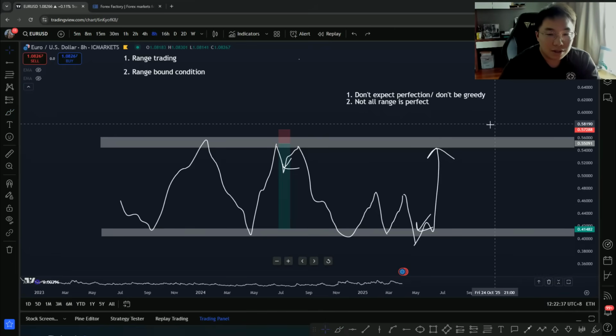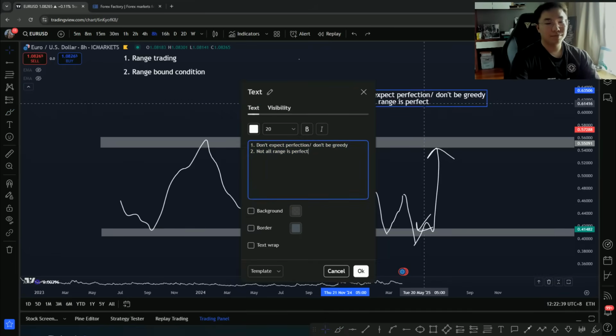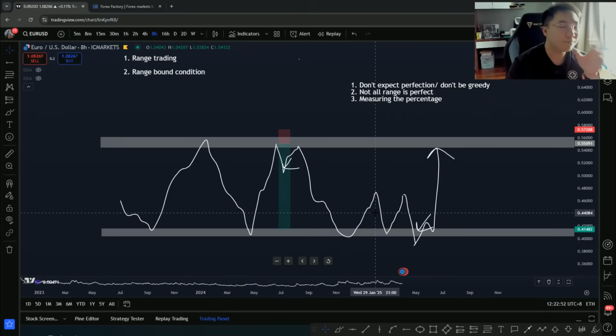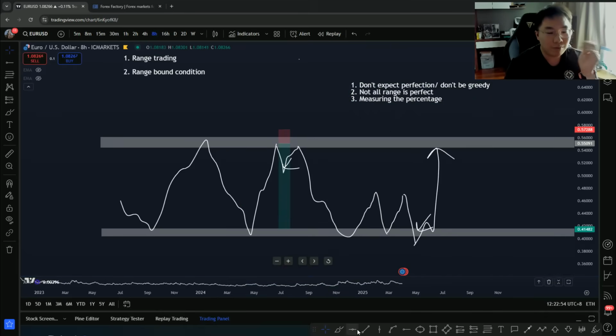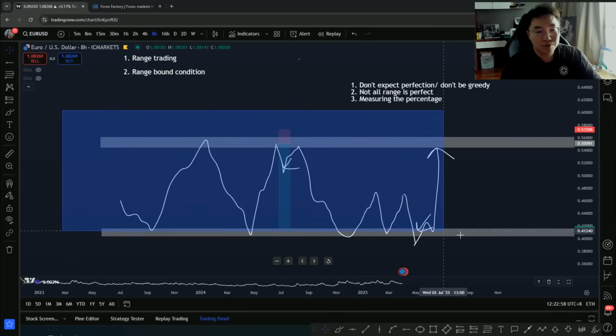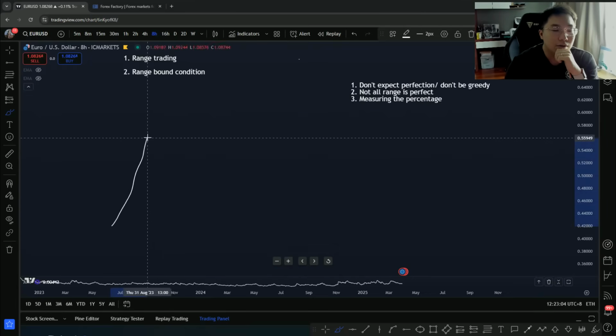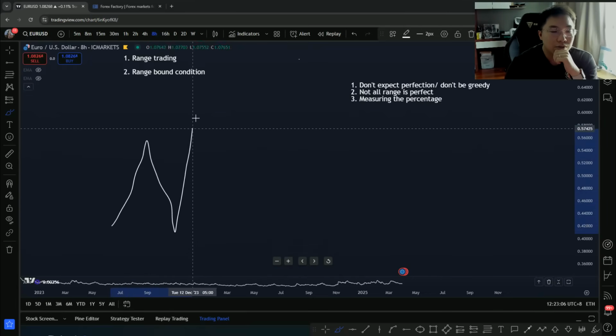Okay, and then the third thing is measuring. This is what I love to do, measuring the percentage. Measuring the percentage means I have a big rule of thumb when I'm trying to trade a range. Let me draw a new one for all of you. Another thing that's likely to happen is you have a range high and low.